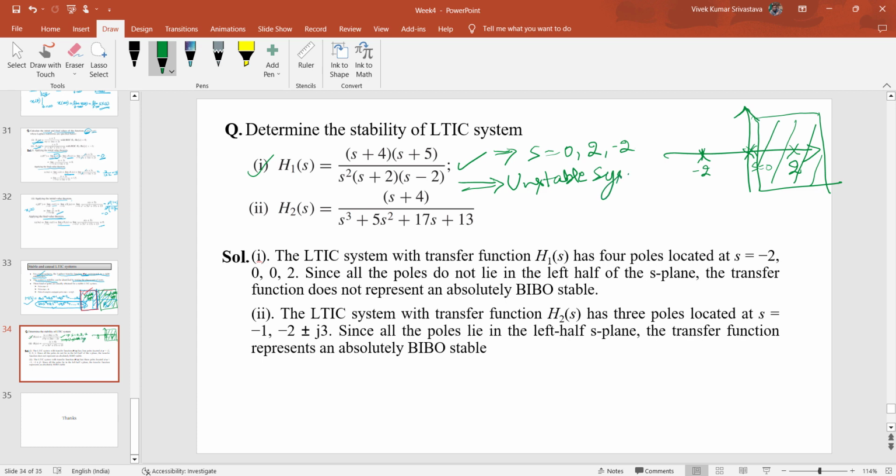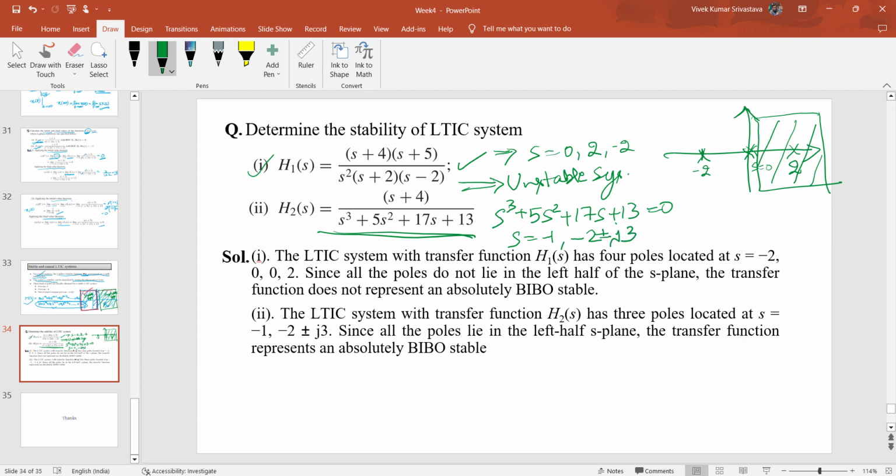Whereas for system H2(s), to evaluate the poles you have to take the denominator function and find its roots. Once you find the roots of this polynomial function, you will get s equal to minus 1 and s equal to minus 2 plus or minus j3.